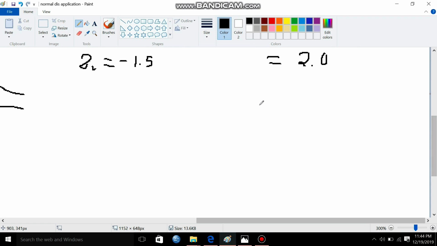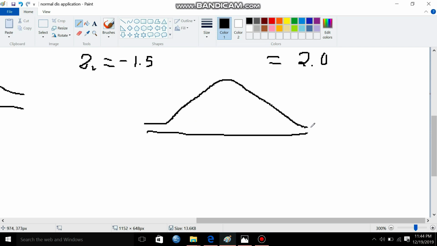Now since we're dealing with in between, let us first draw the normal curve. The normal curve will be this one, and at the middle is our 0. To the right we have 1, 2, and 3. Then to the left will be negative 1, negative 2, negative 3.